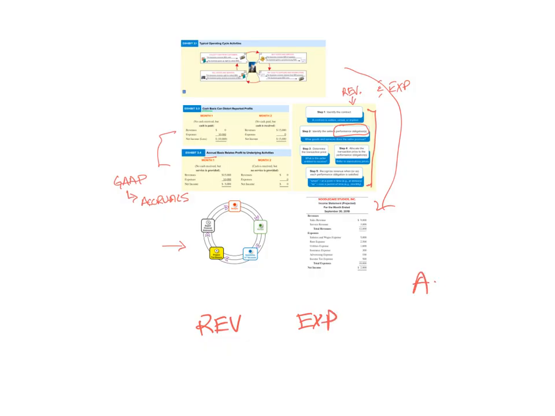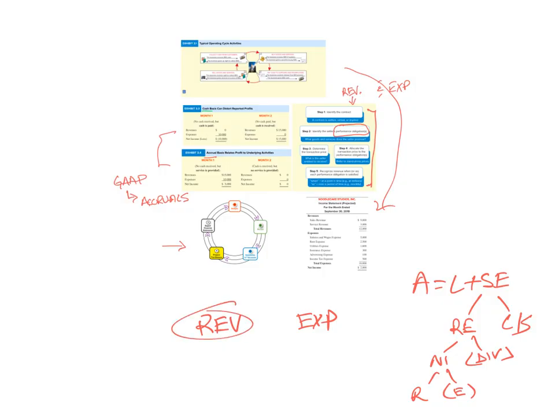So if we were to label this out, notice that we have both revenues and expenses right here on the right-hand side. Remember that the right-hand side of the equation in total increases with a credit, okay?